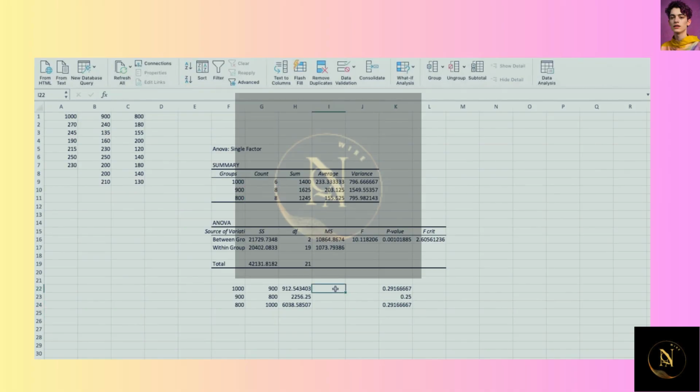All right, so now to calculate our denominator, we are going to take our mean square within groups and multiply it by that other value we just calculated.